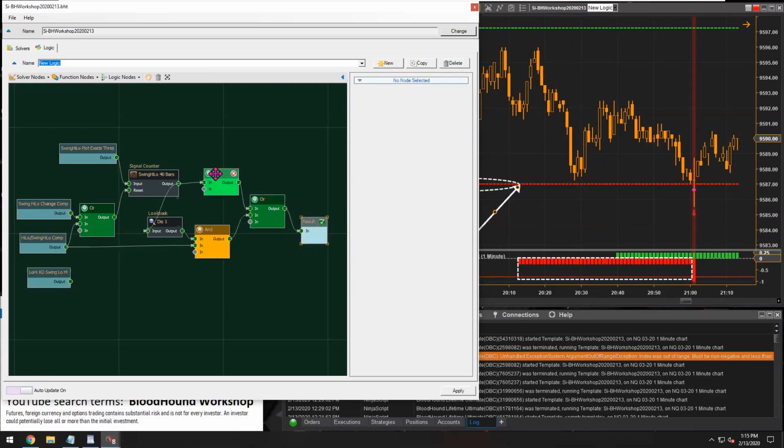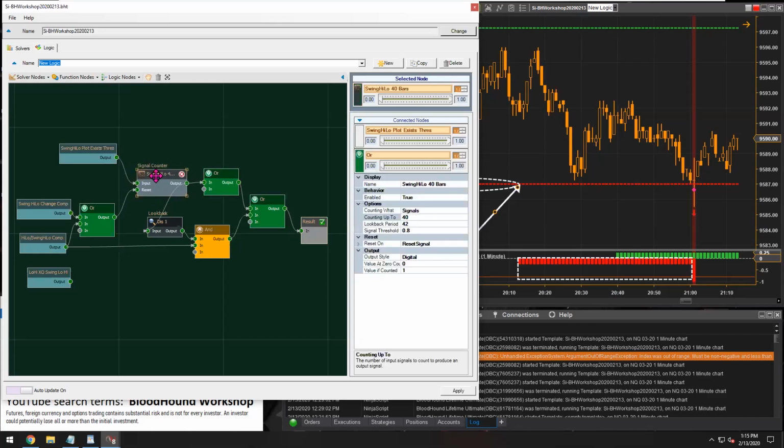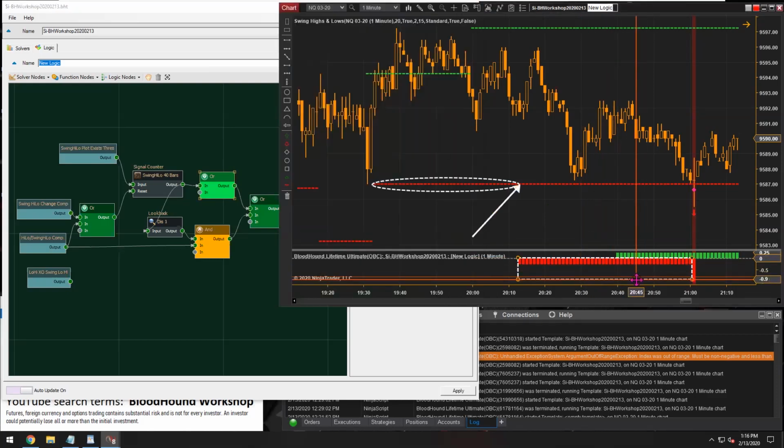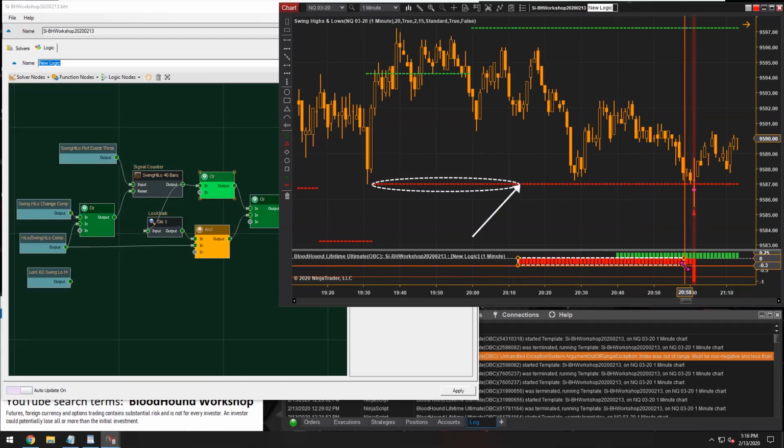So what I've done is taken the output from the signal counter and connected it into an OR node. If we look up here, this OR node has been reduced down to a quarter of an output, 0.25 of an output. That's what we're seeing here, this little bit of an output.